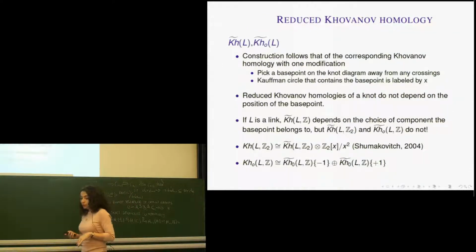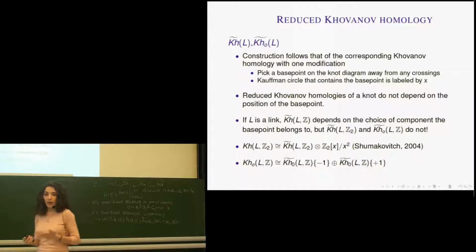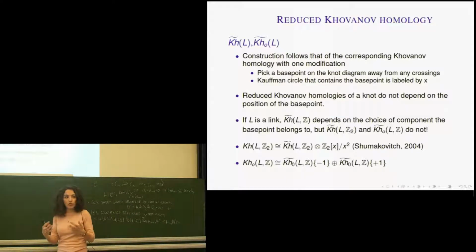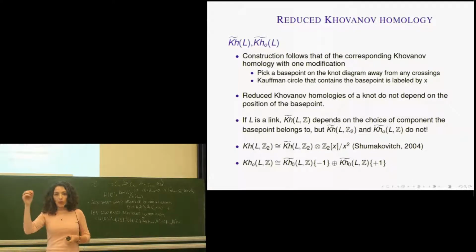Okay, so here's a version of Khovanov homology that I will tell you about, because it's very simple, yet it gives you some different results. You can take reduced Khovanov, reduced odd Khovanov, and the construction is the same. However you construct these homology theories, you pick a base point on your knot diagram.